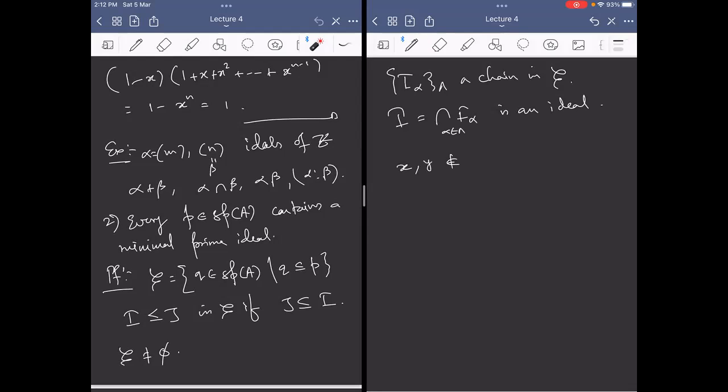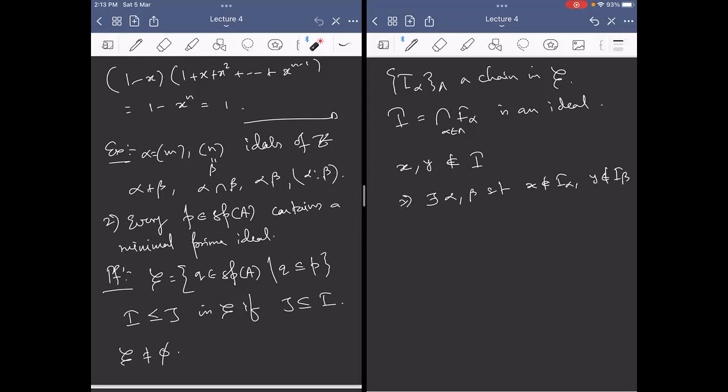does not belong to I, and all these I alphas are prime ideals. So x and y do not belong to I. That implies that there exist alpha and beta such that x does not belong to I alpha, y does not belong to I beta. But either I alpha is contained in I beta or I beta is contained in I alpha. Now suppose I alpha is contained inside I beta, and x is not in I alpha, y is not in I beta, so y can neither be inside I alpha.